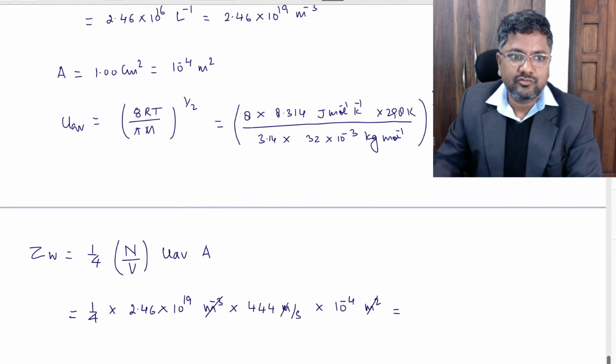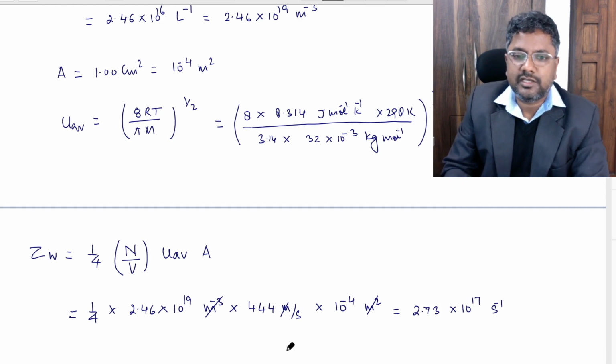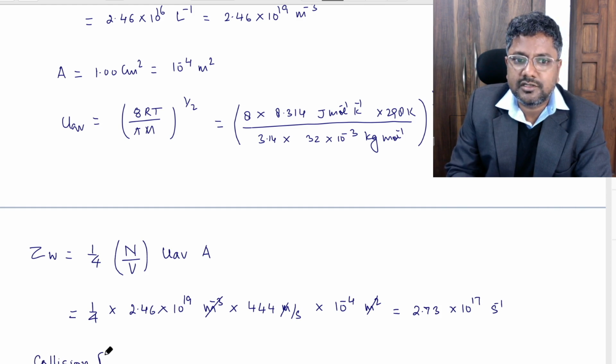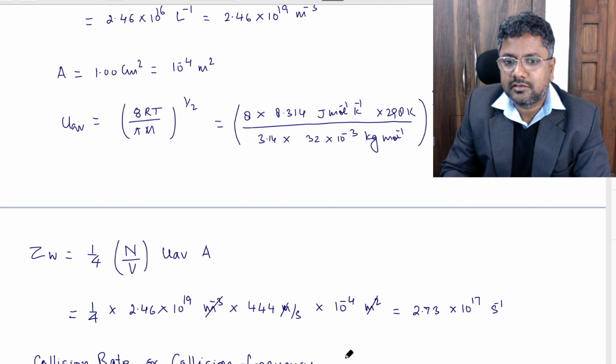This gives 2.73 into 10 to the power 17 per second. So the collision frequency or collision rate is equal to 2.73 into 10 to the power 17 per second.